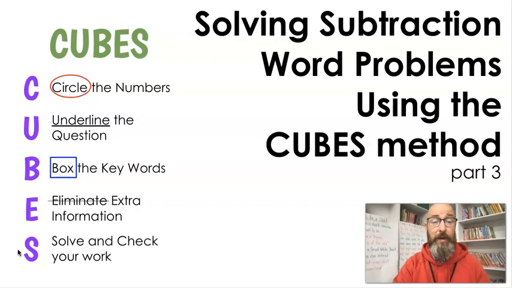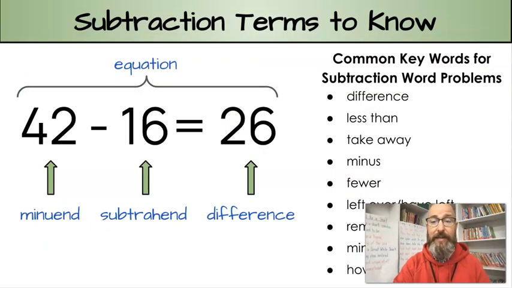So with knowing all that, let's touch on some things we need to know when we're solving subtraction word problems or equations. We need to know some basic terminology. It'll help make it easier. First, when we're solving subtraction, we have the minuend, subtrahend, and difference. The minuend is the number we're subtracting from. In elementary school, usually that's the largest number.